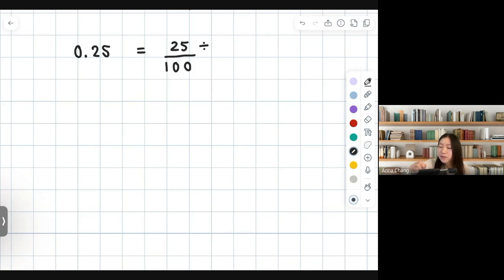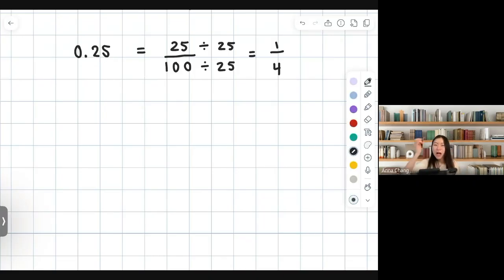Here, we can divide the numerator and the denominator by 25 and get 1/4. This means that 0.25 is equal to 25/100ths and equal to 1/4. Understanding place value is really important for making this conversion, because if you know this is the hundredths place, then you will know exactly what number to write in the bottom here.